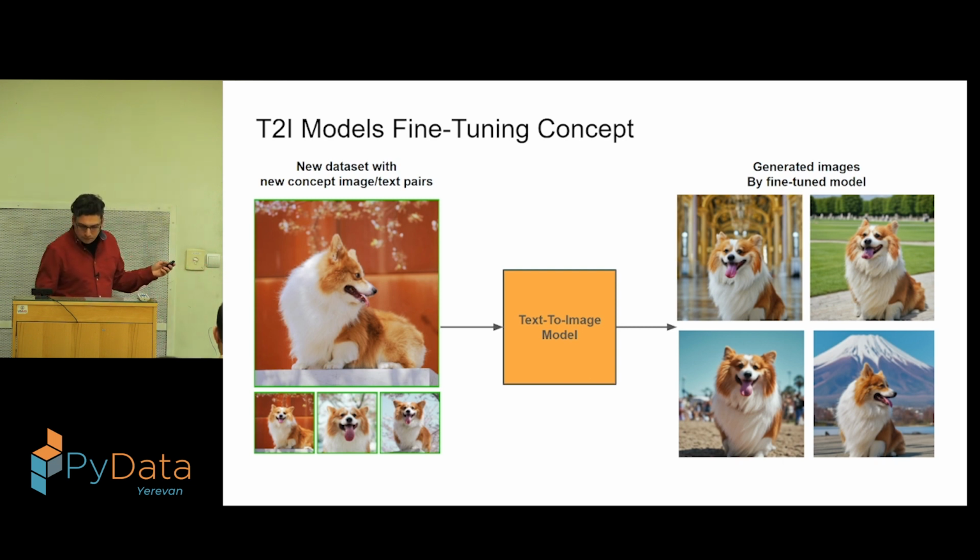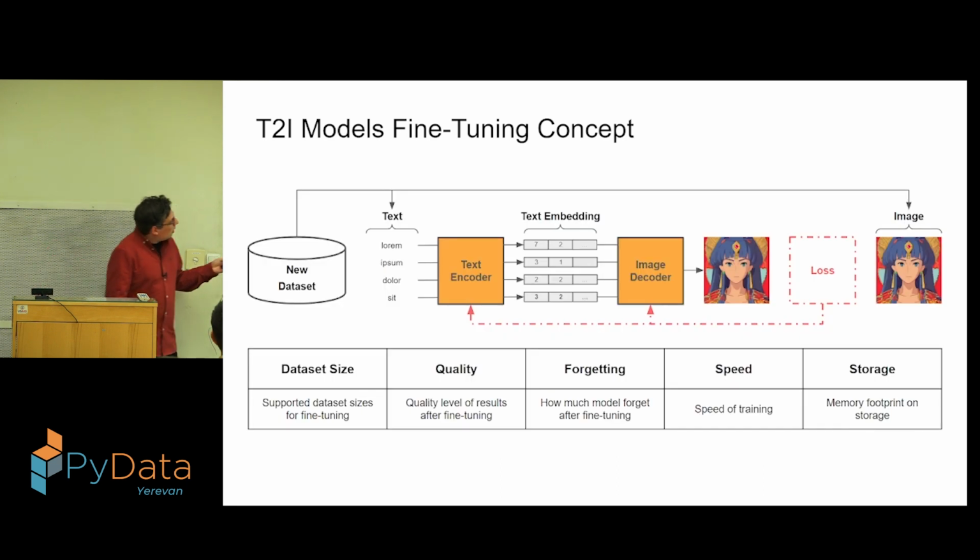Okay, so the next slide is about that. We have this new data set with a new concept in it, and the simplest setup for training of this model will have this shape.